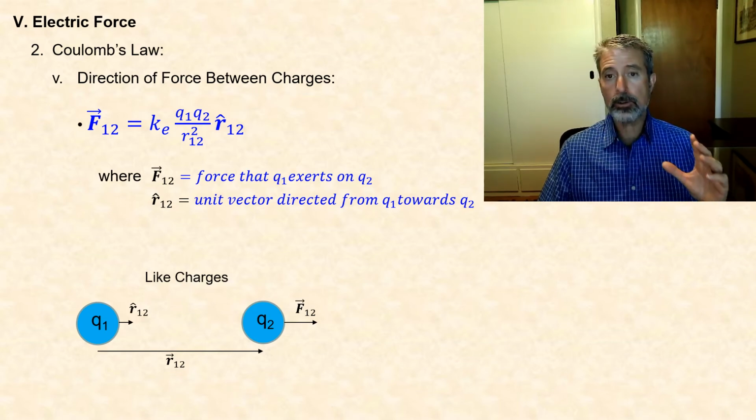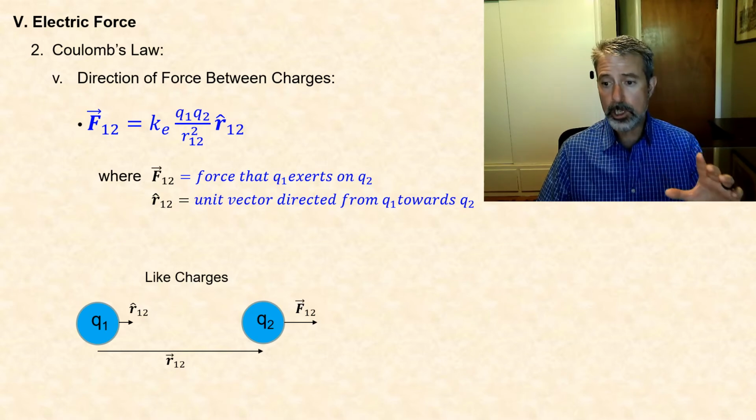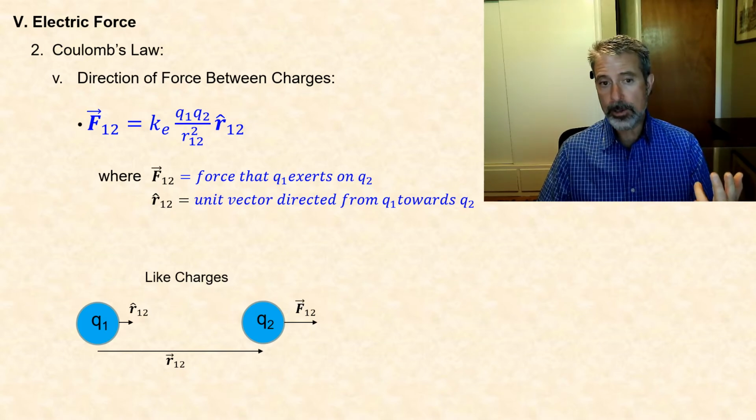Now, I'll be honest, the notation that I'm introducing is different than the notation in some of the texts, and it is different than the notation introduced in Giancoli. The reason that I introduce this notation is that it allows the order of the subscripts for the force to exactly match the order of the subscripts on the unit vector. And I think that is going to be easier to remember.